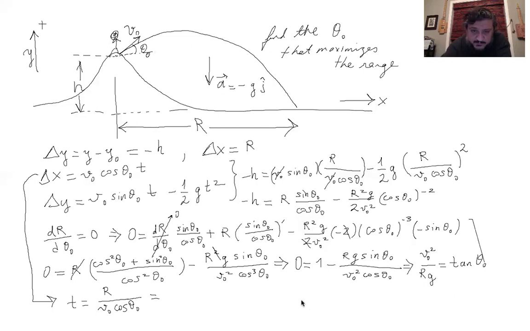Okay, so let's move this up. One over v naught cosine theta naught times r, which is v naught squared divided by g and tangent theta.